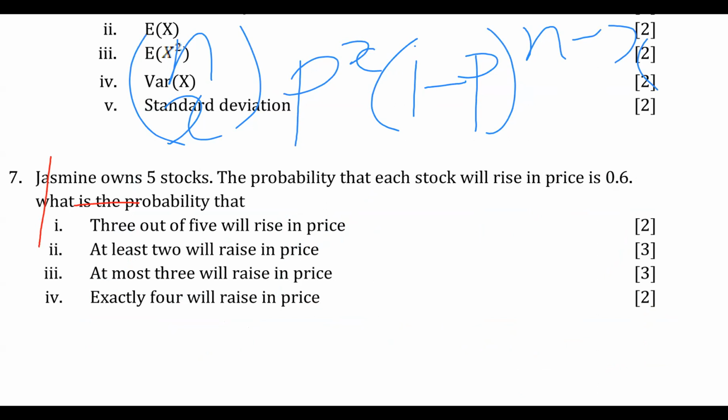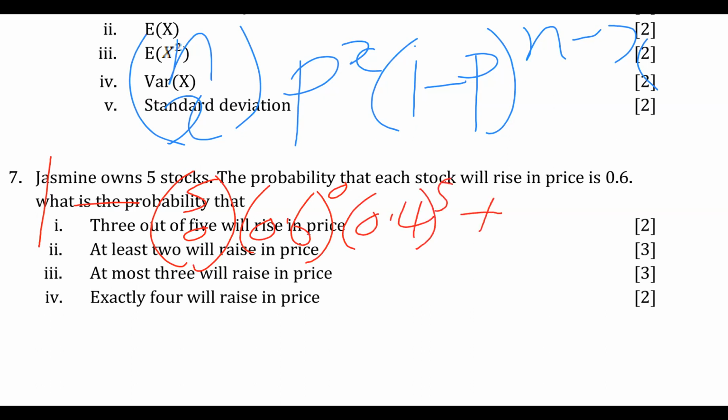So 1 minus the combination, let's start with 0. 5 combinations of 0, the probability is still the same, 0.6 to the power 0, times 0.4 to the power 5, plus 5 combinations of 1 times 0.6 to the power 1 times 0.4 to the power 4.